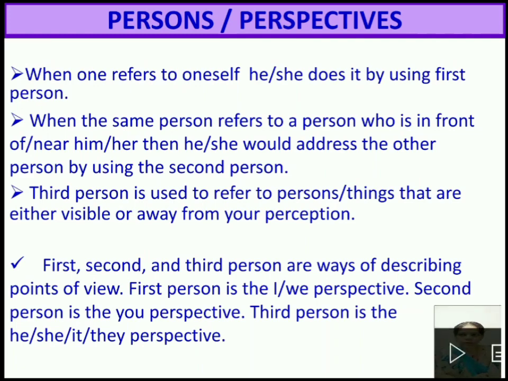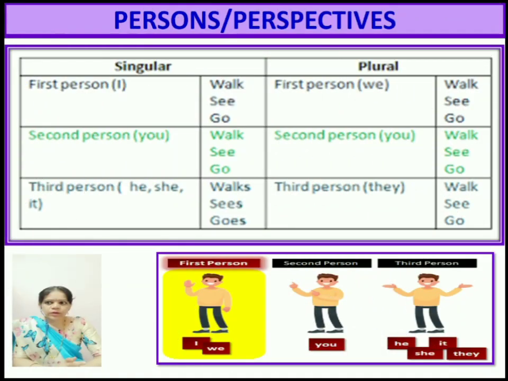When we talk about, let's check the sentence formation referring to the first person, the second person, and the third person with singulars and plurals. Let's check the chart over here. First person, singular: I walk, I see, I go.